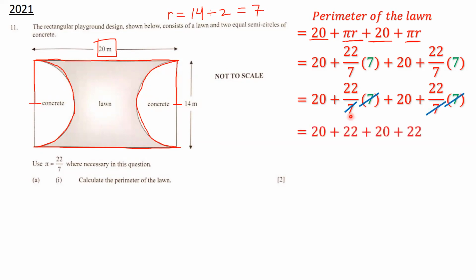So we're left with 20 plus 22 plus 20 plus 22, and that's going to give you 84 meters. So the perimeter of the lawn is definitely 84 meters, because if you add 20 plus 22 plus 20 plus 22, your answer is definitely 84.